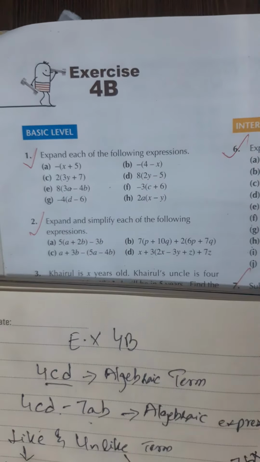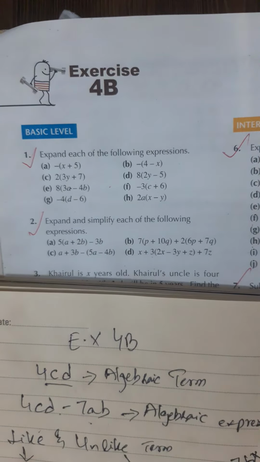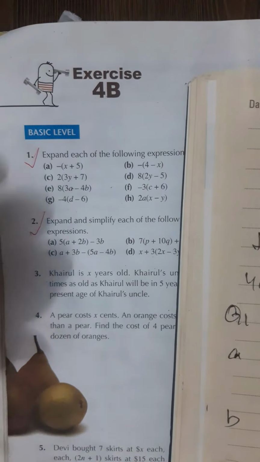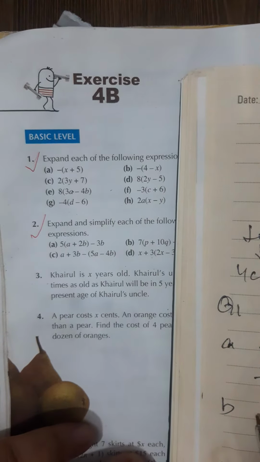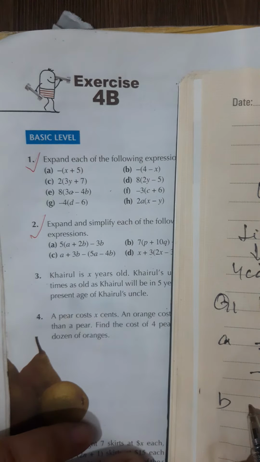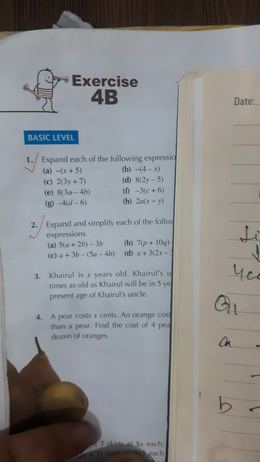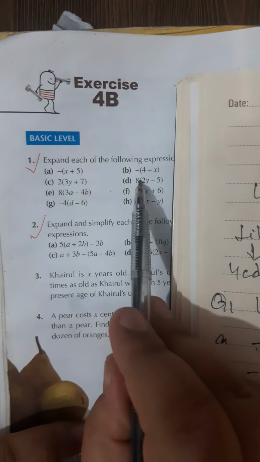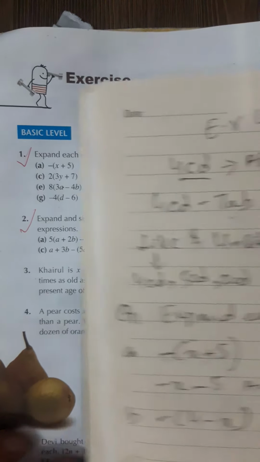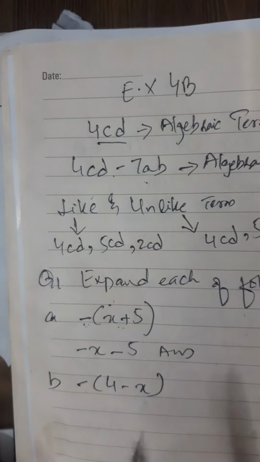Now see the B part. B part is minus bracket 4 minus x. Now we are going to solve it.